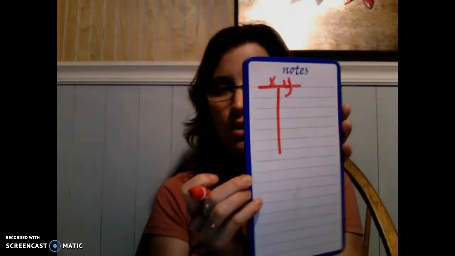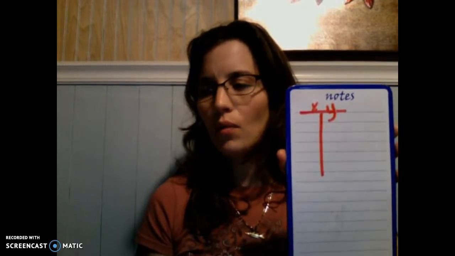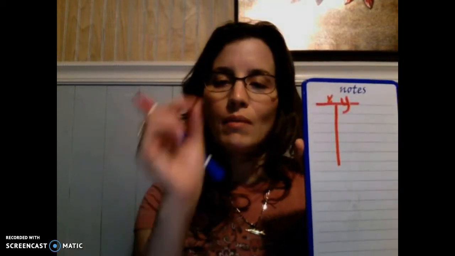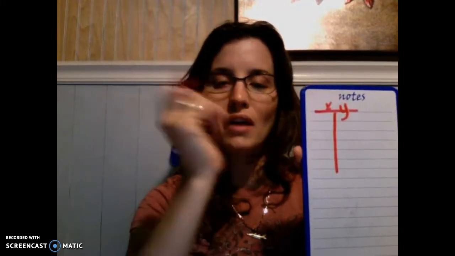So what we have to do is write a function table where we pick values for x to get our y, because if I pick values for my x, then I can plug in to find my y. What values do I want to pick? In this case, there's no fraction, so it doesn't really matter. Because I know the vertex is at 0, 0, I'm just going to pick numbers to the left or the right of it.